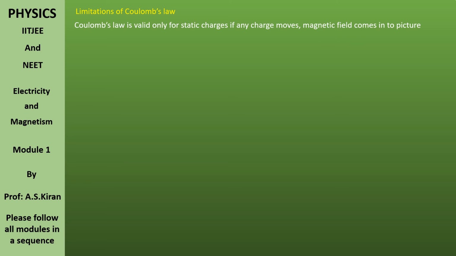So the net force is the summation of Coulombic forces as well as magnetic forces. So here is a big limitation: Coulomb's law is valid only for static charges. If any charge moves, a magnetic field comes into picture.